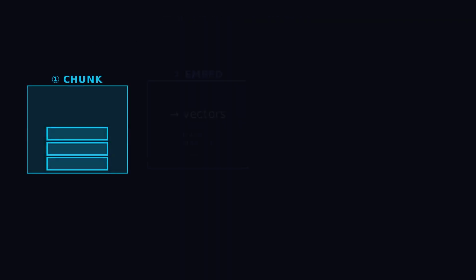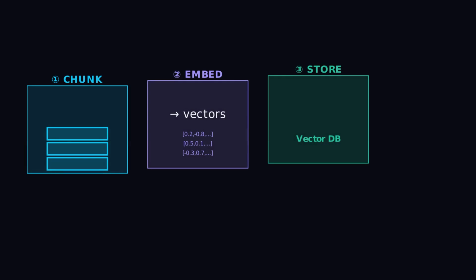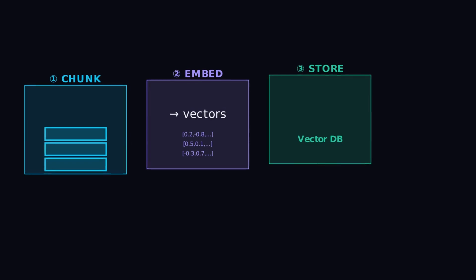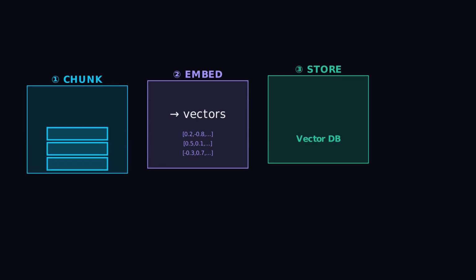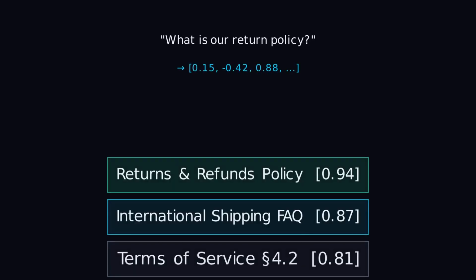Here's how it works. You take all your documents, say, your company's entire knowledge base, and you split them into chunks. Each chunk is maybe a paragraph, maybe a few sentences. Then you run each chunk through an embedding model, producing a vector for every single chunk. Store all of those vectors in a database optimized for similarity search. When a user asks a question, you embed their question into a vector too.